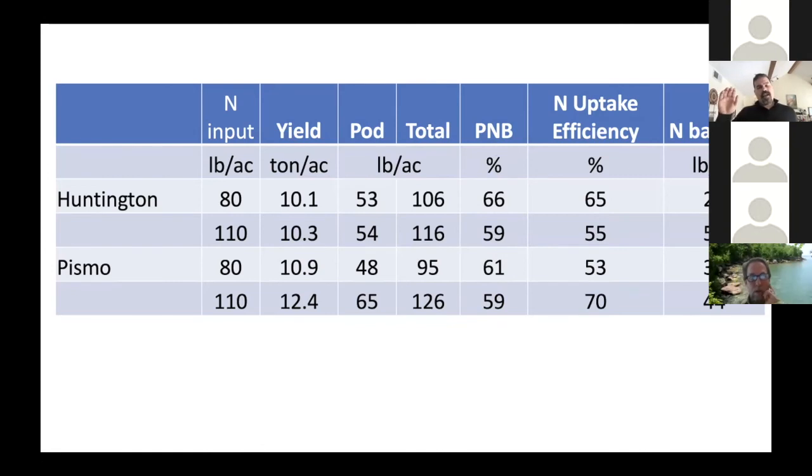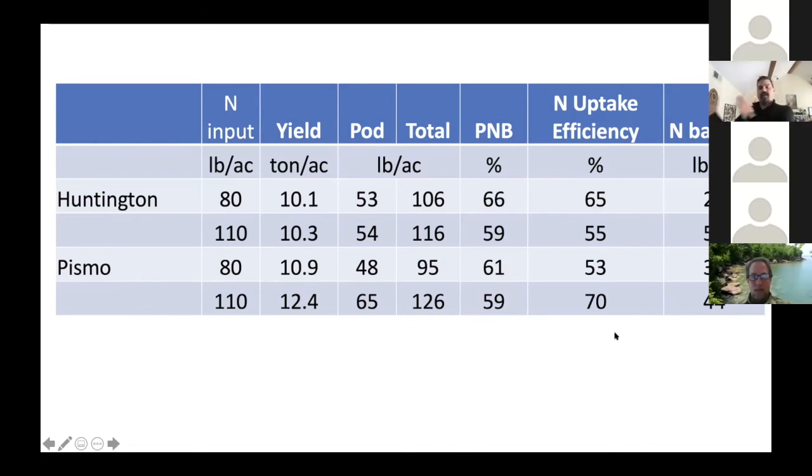So that's a little bit less than our average for field corn, but certainly a lot higher than what we're seeing for sweet corn. So not quite as efficient as field corn, but the uptake efficiency kind of falls in that medium range too, where it doesn't do quite as bad as sweet corn in terms of what happens when we're not applying nitrogen. But in some cases, we're getting that 50 to 70 pound range.